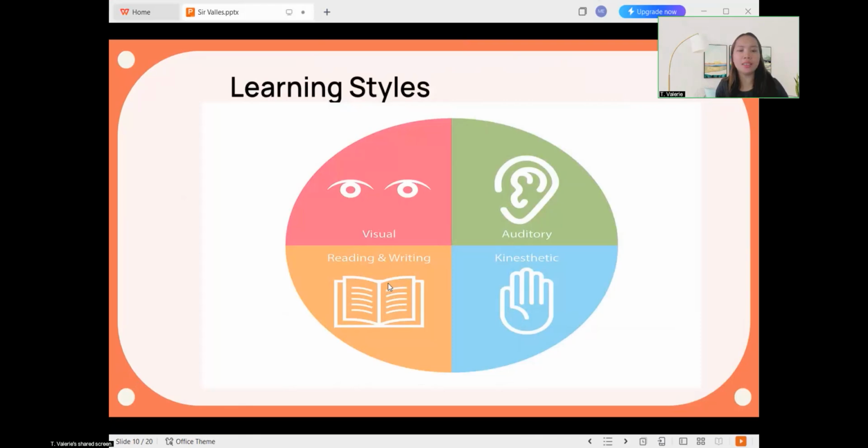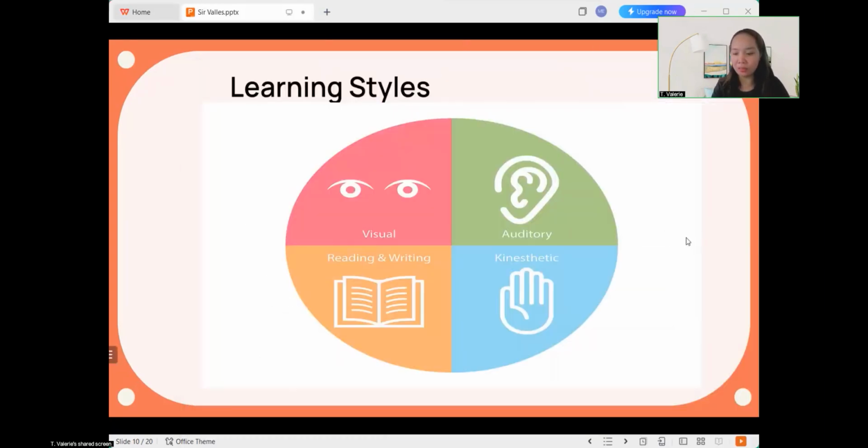These learners like to read and take notes during discussion. Now let's have the kinesthetic. Kinesthetic learners are learners who prefer to move and learn by doing. Most people fall into this category. And I am one of these people. I am a kinesthetic learner.